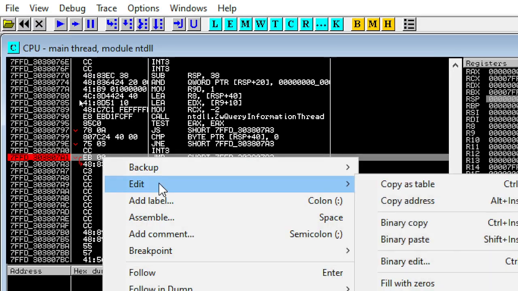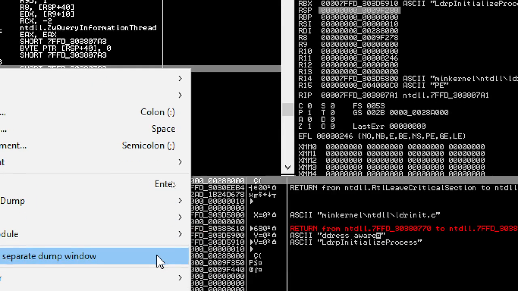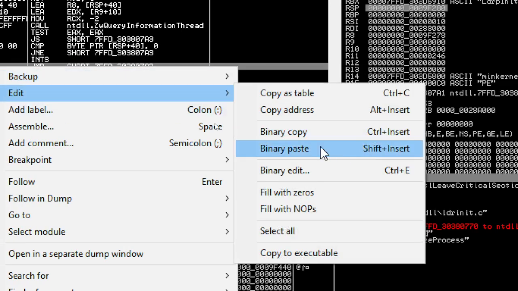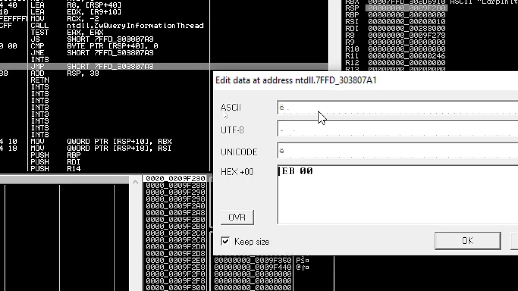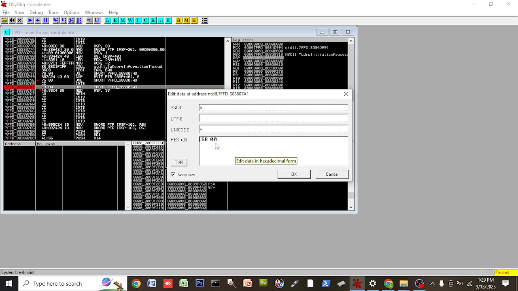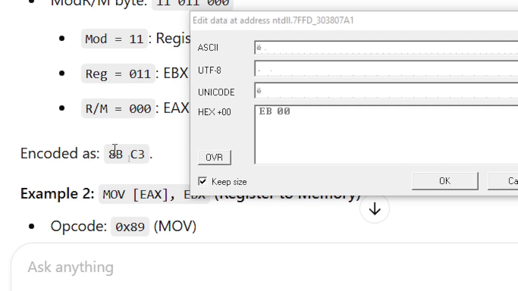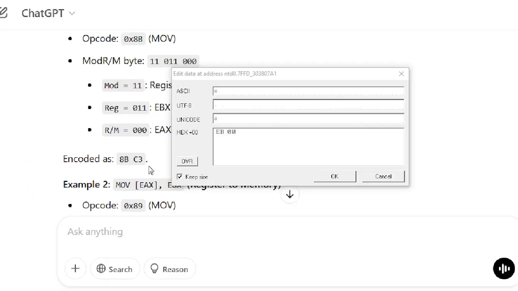I click edit, edit this as a binary edit, and let's say you want this as 8BC3.